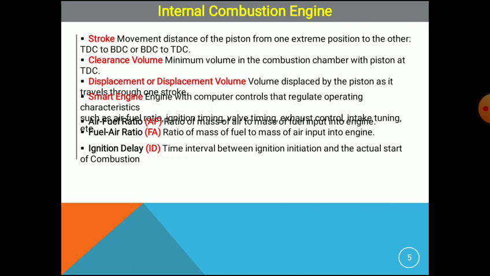Displacement volume is the volume displaced by the piston as it travels through one stroke, from top dead center to bottom dead center or vice versa. Smart engine: an engine with computer controls that regulate the operating characteristics is known as a smart engine.